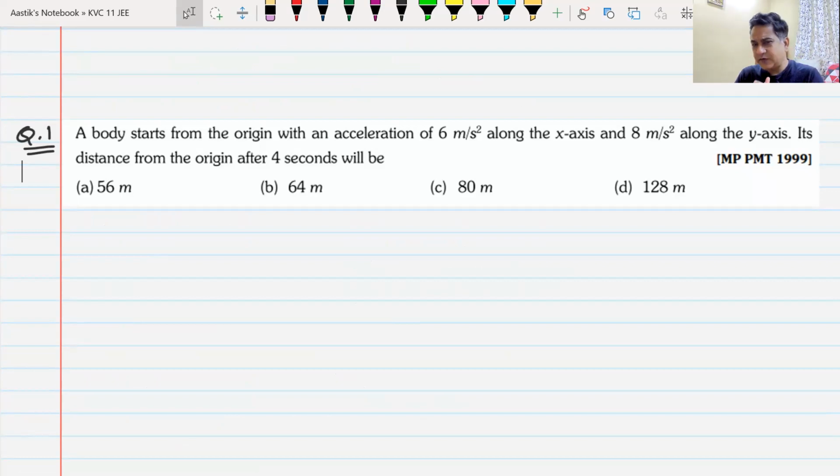There is a slight difference between this question and projectile motion. The first question that I'm going to ask, is this projectile motion? Yes or no? Yes, sir. Okay. Then find out the distance from the origin after 4 seconds.